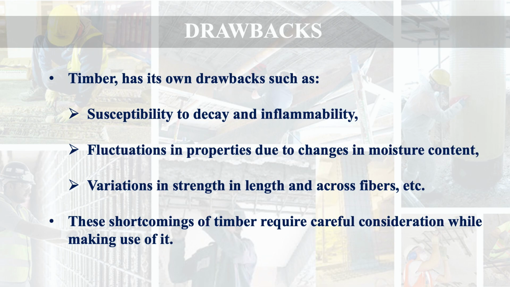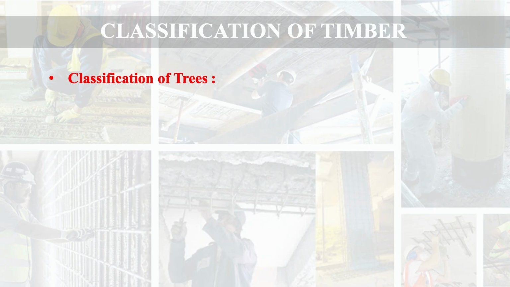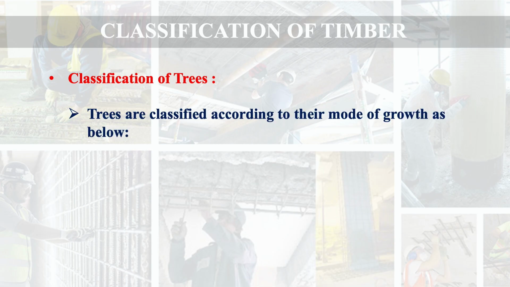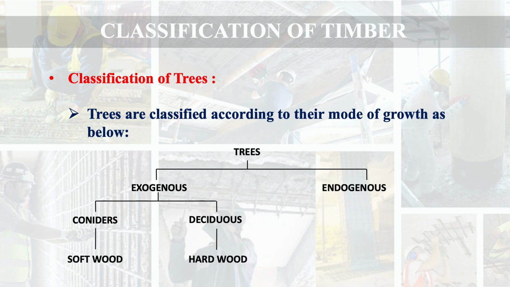Now have a look at the classification of timber, how we classify the timber. The trees are classified according to their mode of growth, such as exogenous and endogenous trees.